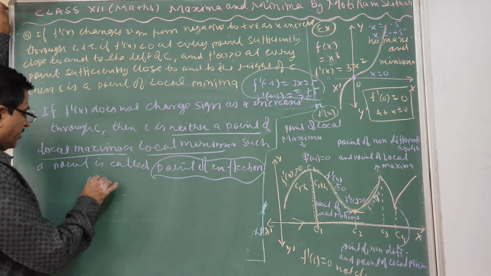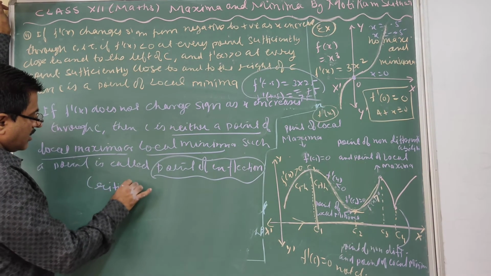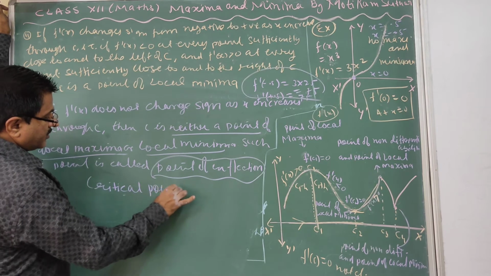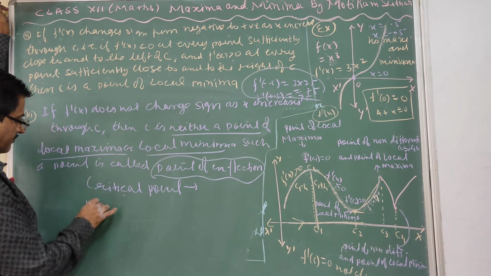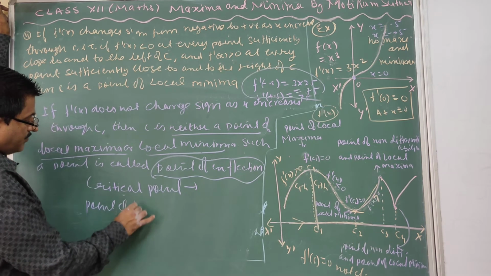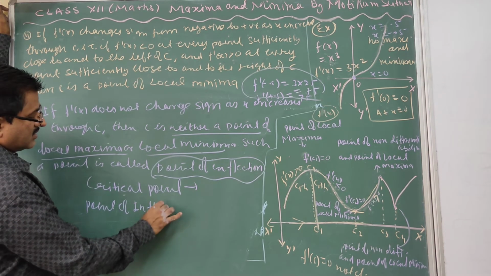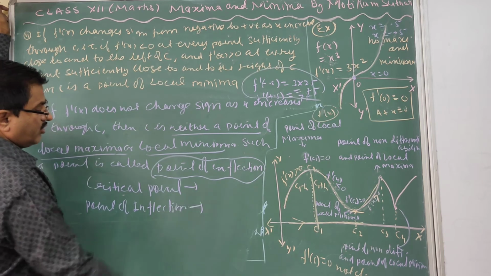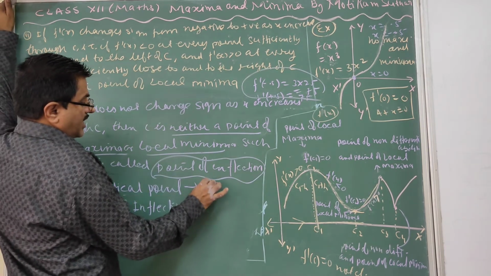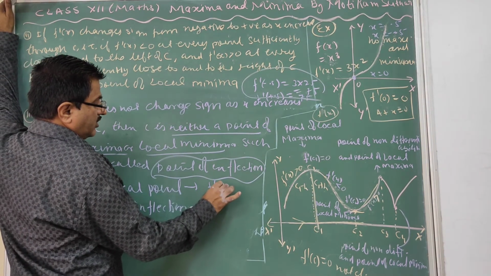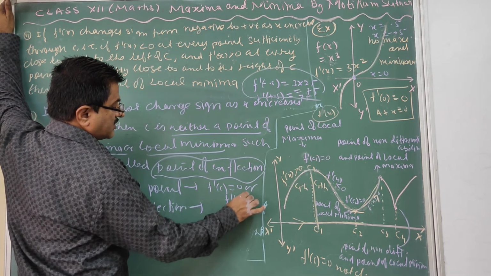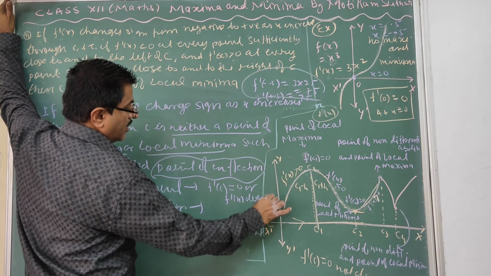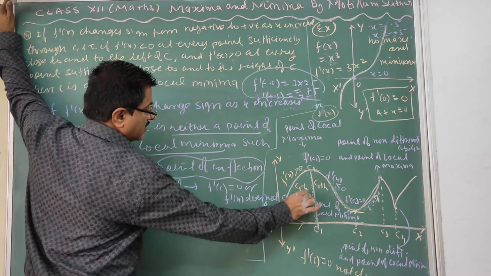These are important points. Critical point, and this is the point of inflection. These two are clear or not? What is a critical point? The point at which the derivative is 0 or f dash x does not exist.